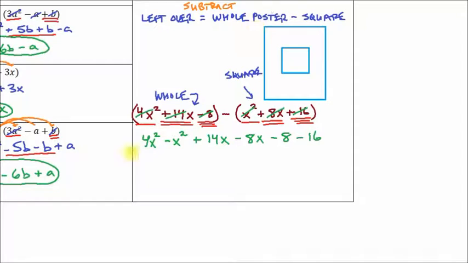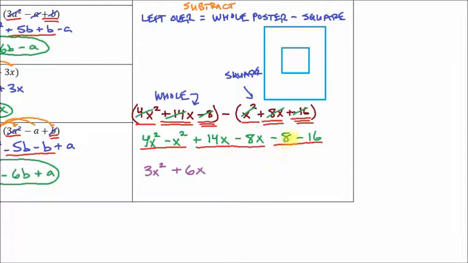Now we can go ahead and mark the ones that are like terms. There's x squareds, there's x's, there's constants. Let's write our final answer. 4x squared minus 1x squared is 3x squared. 14x minus 8x, that's 14 minus 8, which is positive 6x.